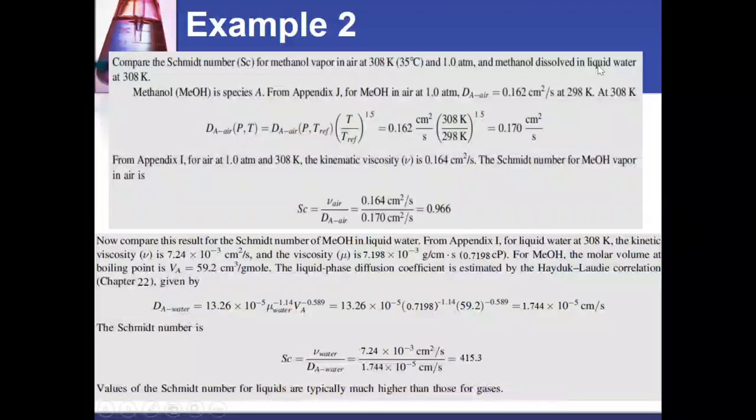So we have two different phases. The first one is gas, the second is liquid. The temperature of liquid water is also the same as for the air, which is 308 Kelvin. We want to find the Schmidt number for methanol in air at this temperature and pressure, and methanol in water at the given temperature.